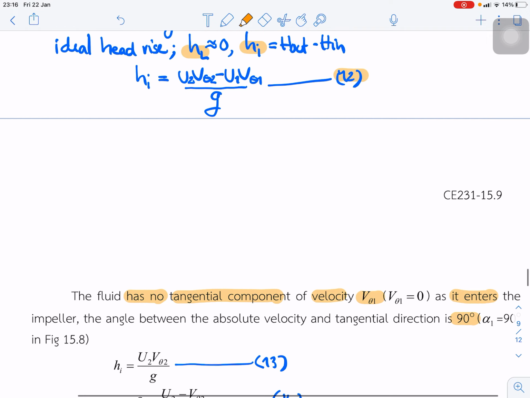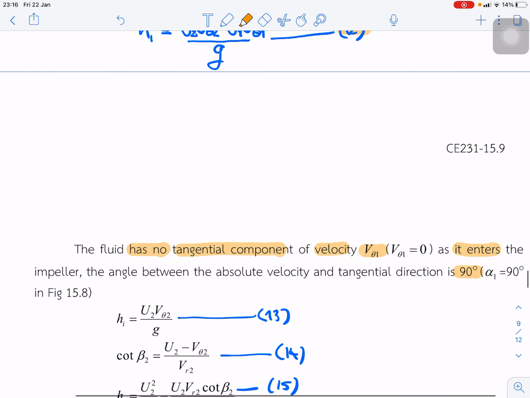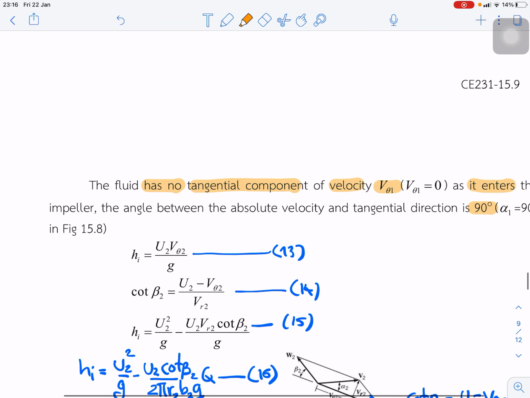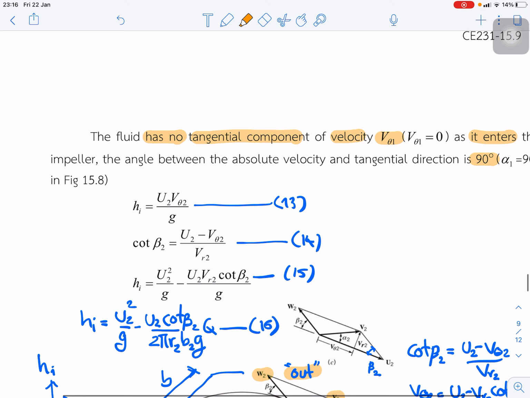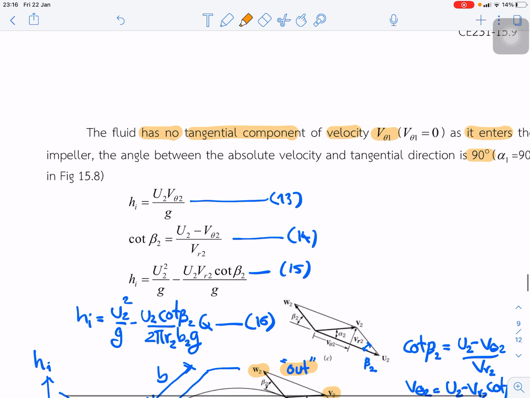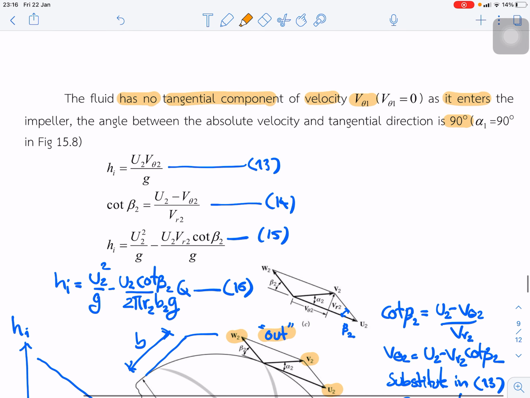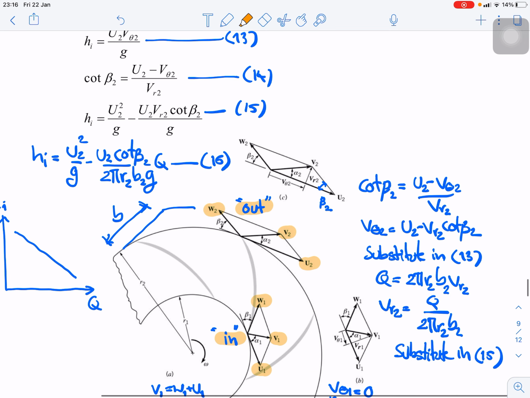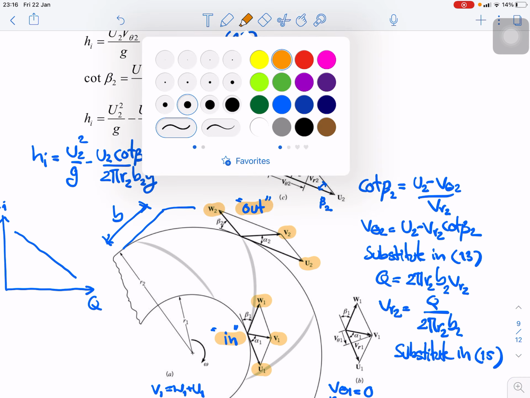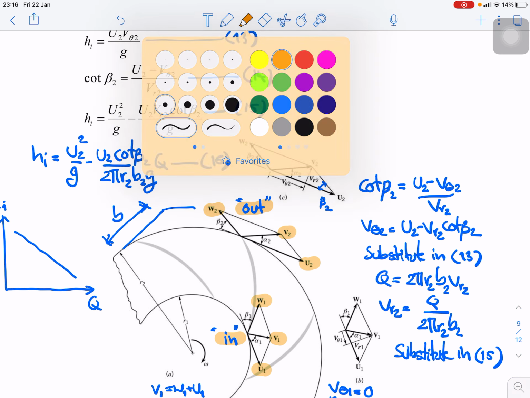So from equation 12 to equation 13, we have V theta 1 equal to 0. Next, what is V theta 2 in this equation? We can derive it from the velocity vector at the outlet.